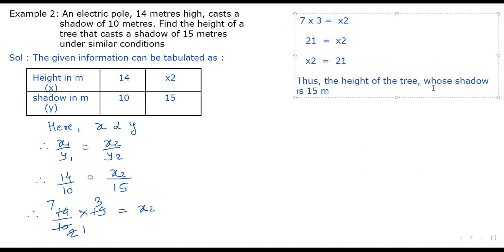The height of the tree that casts a shadow of 15 meters is 21 meters. Height of the tree is 21 meters. Yes or no, children?